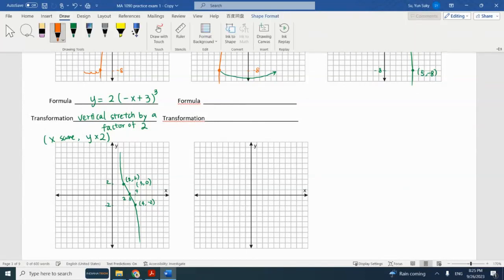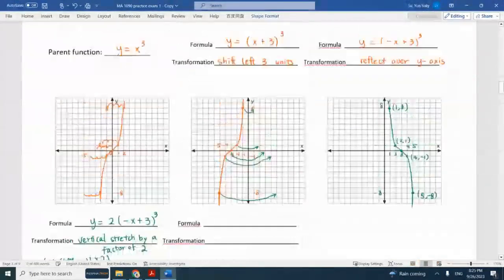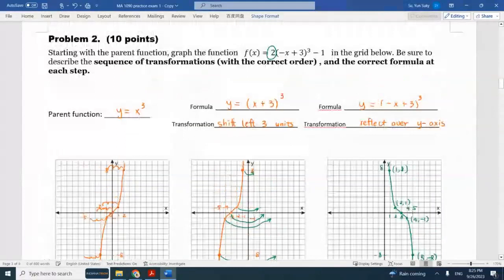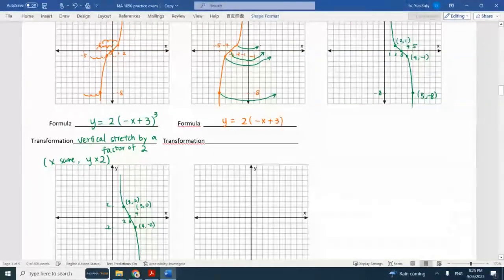Okay, and then last one, shift up and down. Do we have shift up and down? Do we have everything plus or minus a number? Yes, minus 1. So the last step is minus 1. So shift down 1 unit. We have 3 key points now. The 2, 2 shift down by 1, it becomes 2, 1.